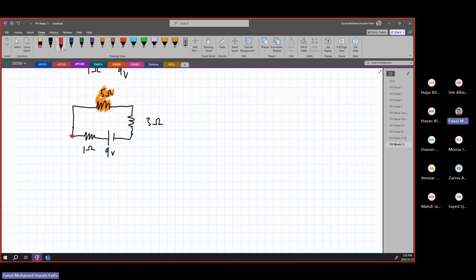We know that these are all connected in series to each other. The 1 ohm and the 5 ohm are in series, and in series also is the 3 ohm, because there's only one point of connection between all of them. So we can say that our total now is equal to 1 plus 5 plus 3, which is equal to 9 ohms.